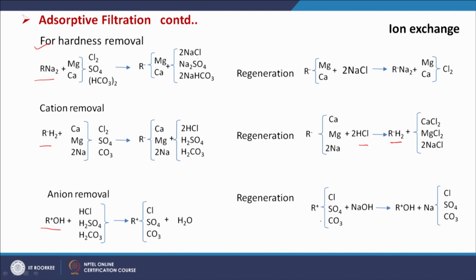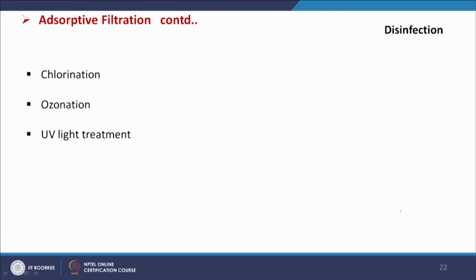During regeneration we add NaOH, because again we need to convert to R plus OH. So, this is the regeneration process followed for the treatment of wastewater, or to make more pure treated water with a negligible amount of cations and anions for specific applications.